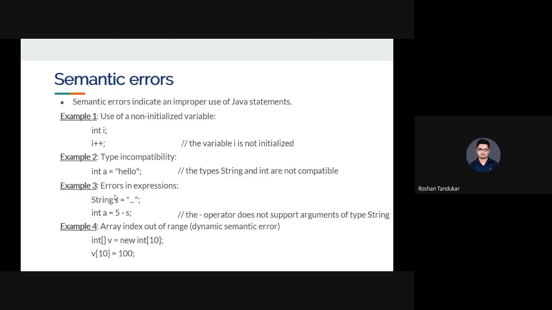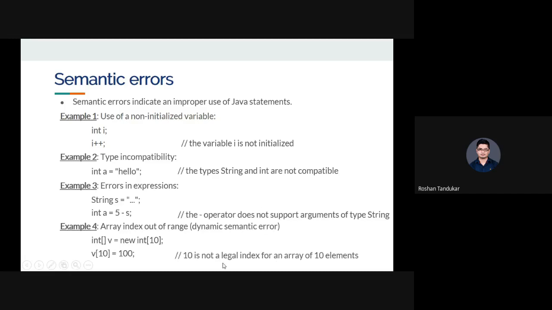That's why this is also a semantic error, but this is a dynamic semantic error, which will be identified at runtime. Understood? That's why in the previous examples 1, 2 and 3, those will be identified during compile time, but the fourth example will be identified only after execution, isn't it? That's why this is a dynamic semantic error.